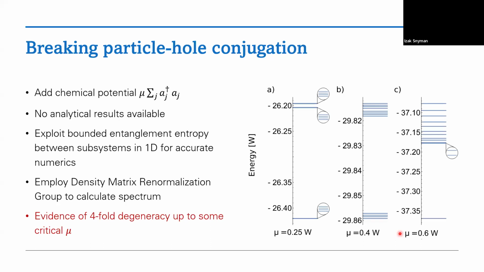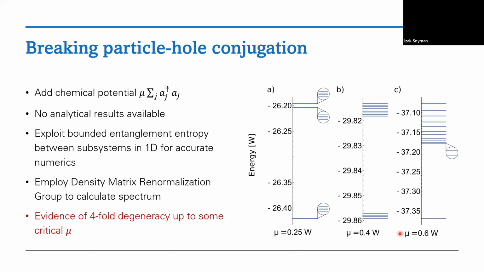What we exploit is the fact that in 1D systems, the entanglement entropy at most grows moderately with the size of the subsystem. People have used that to build a numerical method called the density matrix renormalization group, which gives you accurate numerical results in a controllable way for low energy excitations in interacting quantum systems.